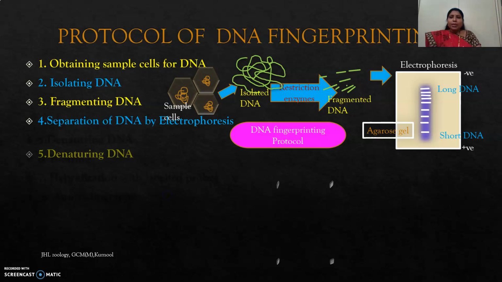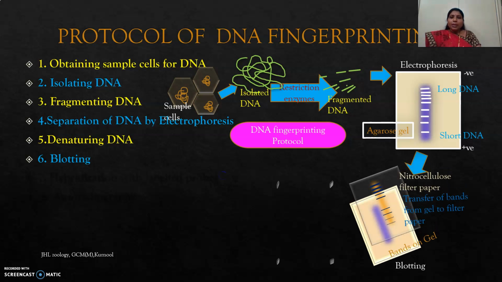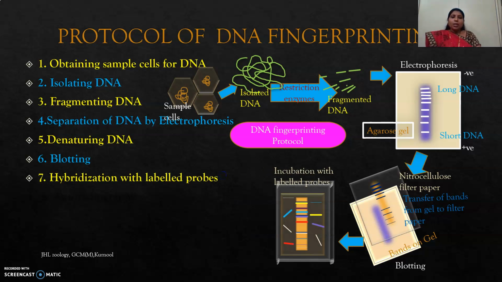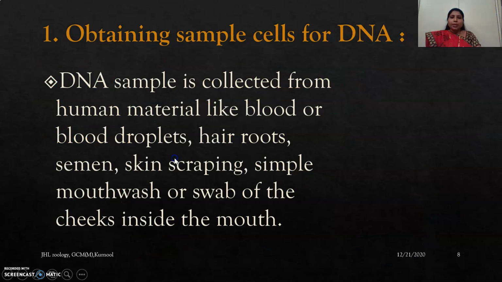The next step is denaturing the DNA into single strands. Later, the blotting technique should be done. The blotting used is the Southern blotting technique. The next step is hybridization with radio-labeled probes. And the last one is autoradiography for the analysis and interpretation of the DNA fingerprint.